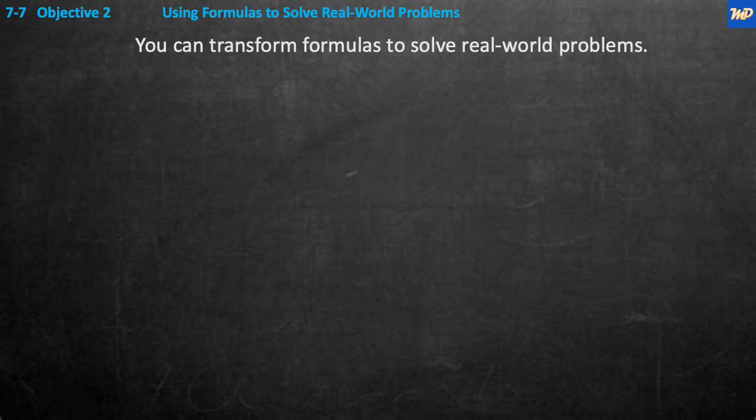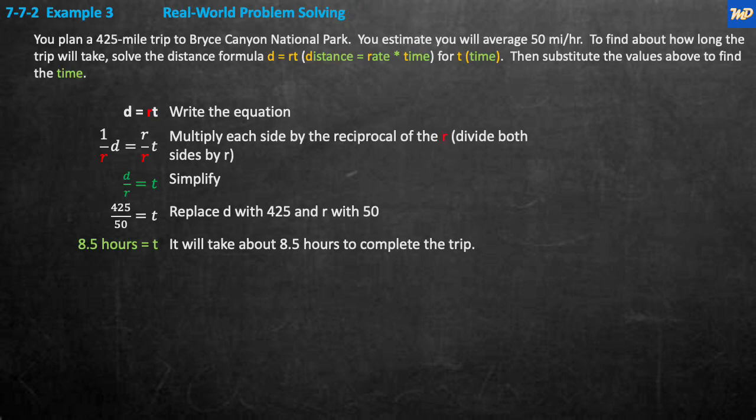So in Objective 2, we're going to be using formulas to solve real-world problems. You can transform formulas to solve real problems. We're going to see some right here. Example 3, a real world problem. You plan a 425-mile trip to Bryce Canyon National Park. You estimate you will average 50 miles per hour.